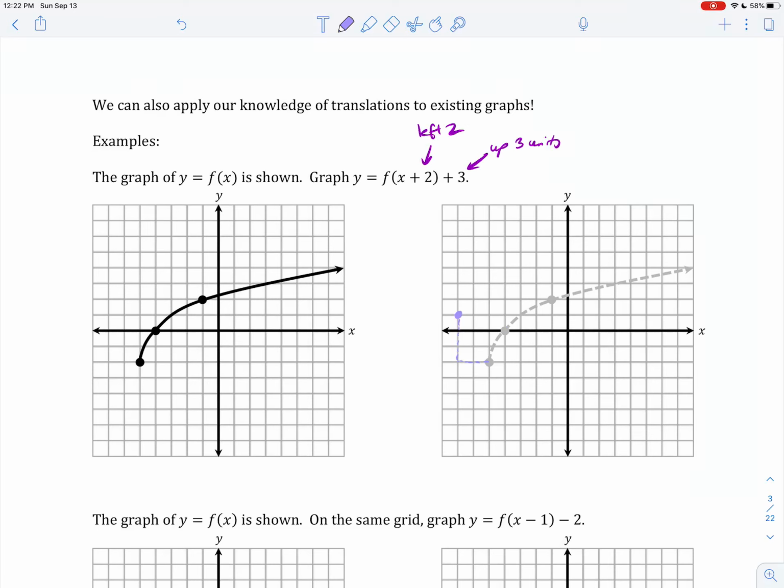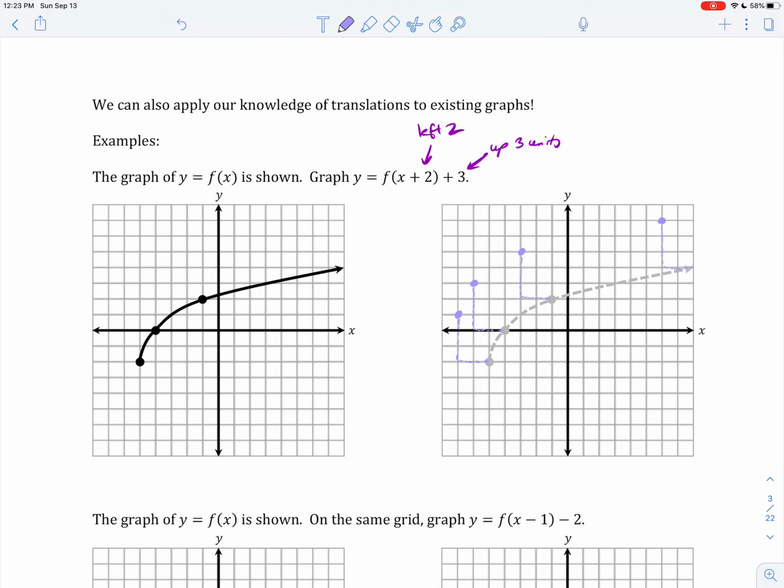If I take this point here, left 2, up 3, it's there. If I take this point, go left 2, up 3, there I am. And it looks like we hit this value right in there. So from there, left 2, up 3, and that's where we are.